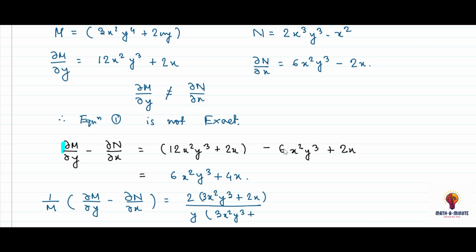So it will be cancelled out. So definitely it's a function of y only. So it's very clear that rule 2 is applicable for this problem.